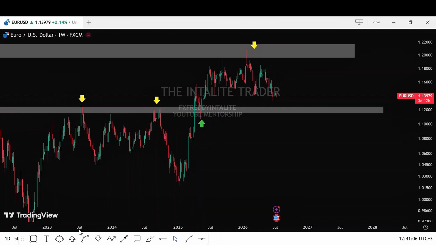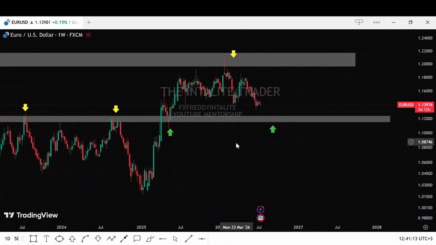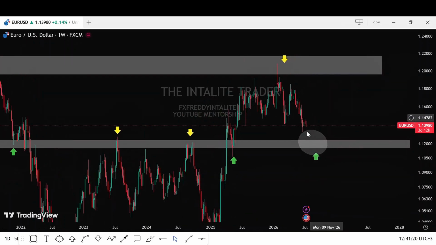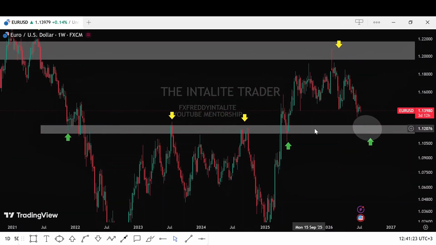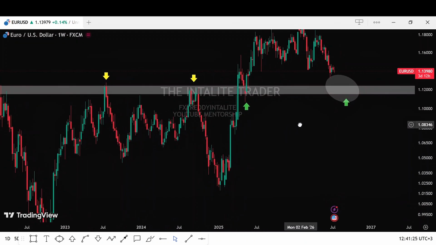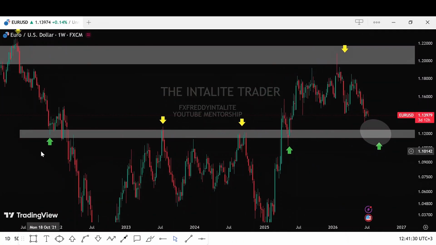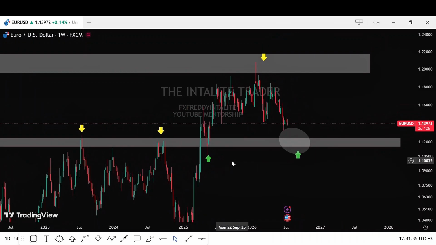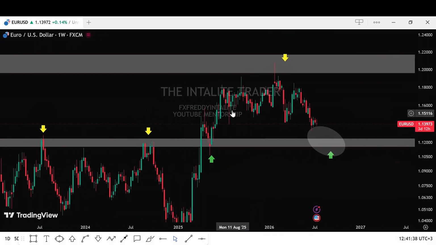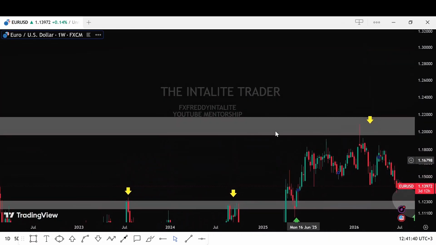So what happens when price comes back into the same level? Here, you observe the price action which will take place in the same level and look forward to act. So this is a strong support and strong resistance level. I repeat, because it has acted as both support and resistance, this becomes a strong support and resistance level.